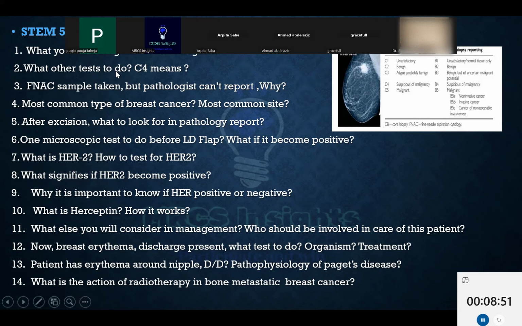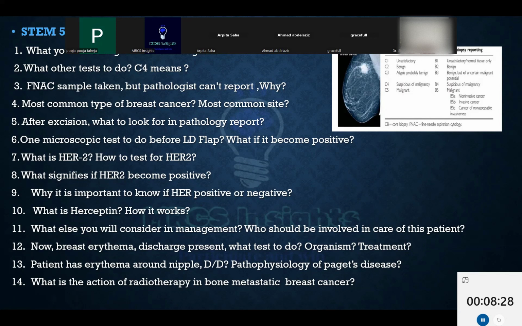I will send this tissue for immunohistochemistry, for ER and PR receptors, and for HER2. Okay, very good. Also I'll look for spread: I'll perform a CT chest.